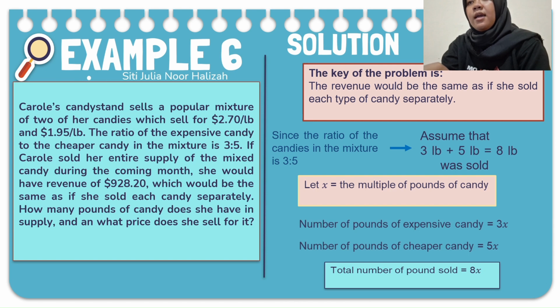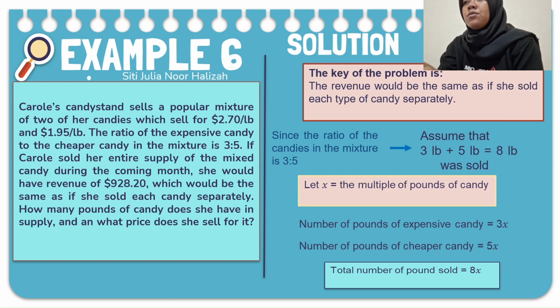Next, let x be the multiple of pounds of candy. So, the number of pounds of expensive candy is 3x and the number of pounds of cheaper candy is 5x. And the total number of pounds sold is 8x.